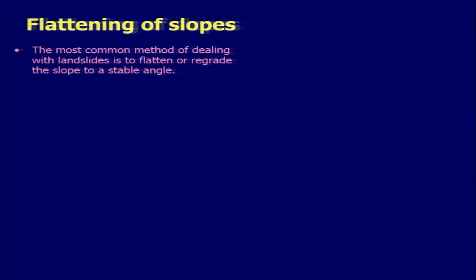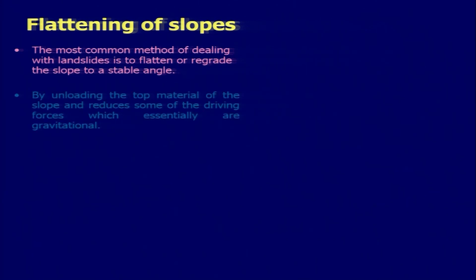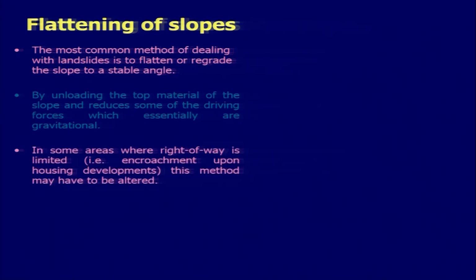So, flattening of slope, very simple. The most common method of dealing with landslide is flattening or regrading the slope to a stable angle, as I explained in the previous one. That can be done by unloading the top material of the slope and reducing some of the driving forces, which essentially are gravitational.